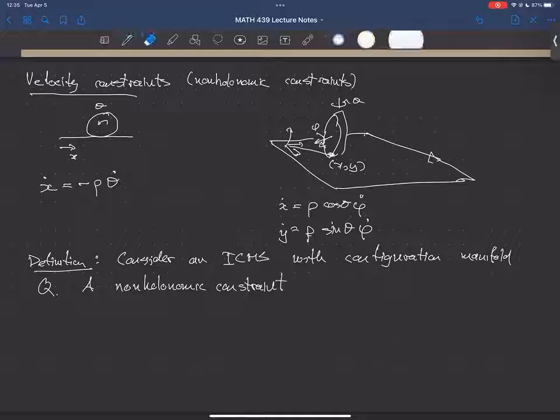This is a common terminology. It's not the best terminology for various reasons, and this is, I think, a better piece of terminology.